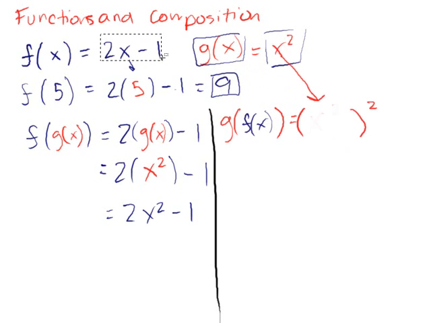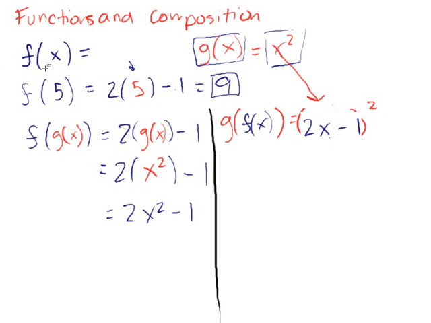Right, there's my f of x. Let's go replace it in here. Right, do we see what we did there? I looked at my g function, which is x squared, something squared, and then I inputted my f of x function. F of x was over here. I just grabbed that f of x function and replaced it in.